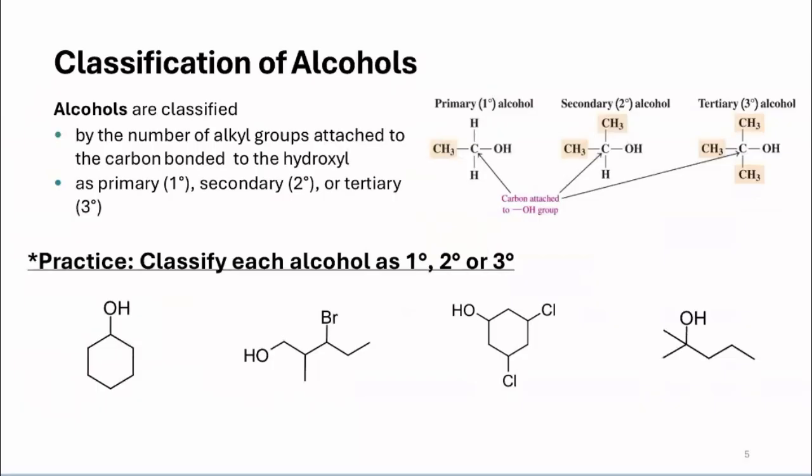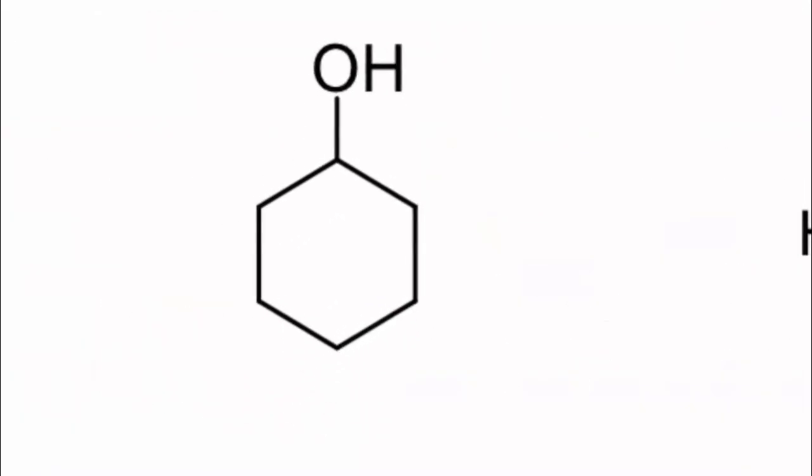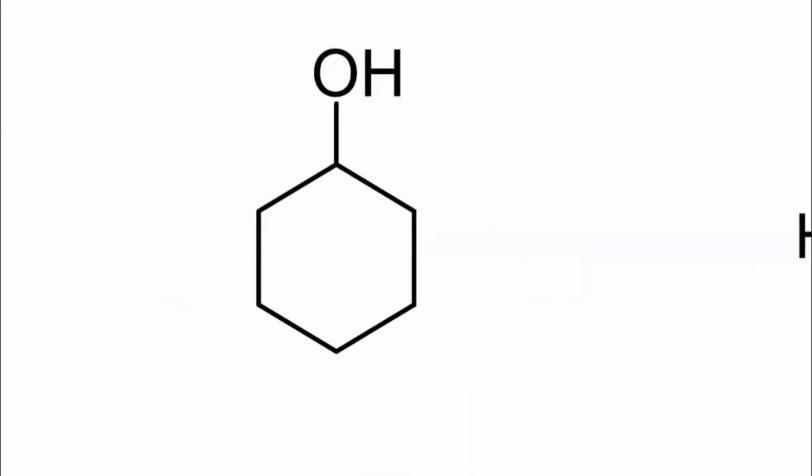If you're given skeletal structures as we see below, the first step is to convert from skeletal to condensed. So if I look at this molecule, which is cyclohexanol, I can observe that this is a CH, this is a CH2, CH2, CH2, CH2, CH2.